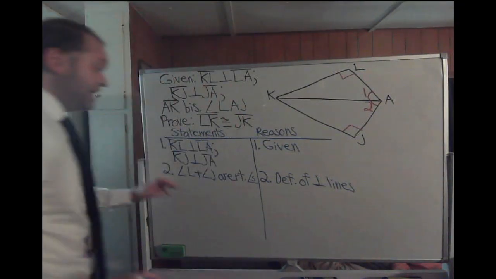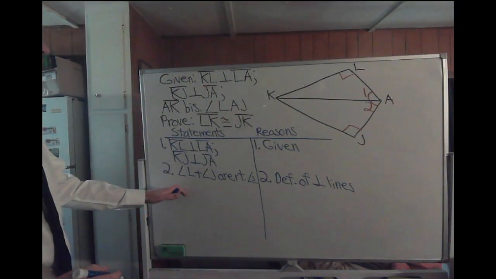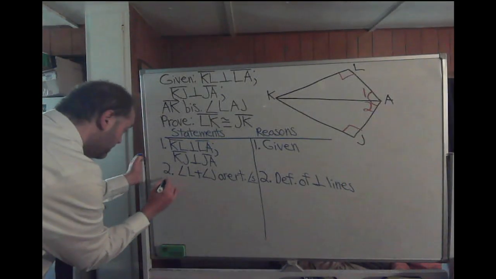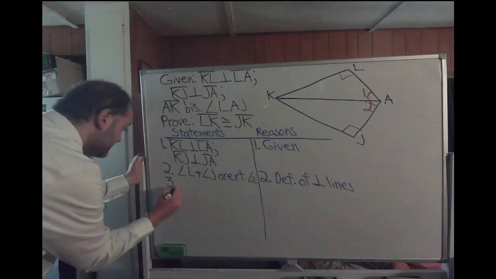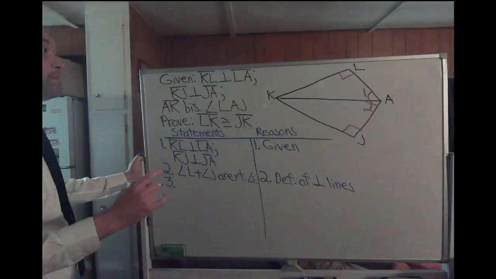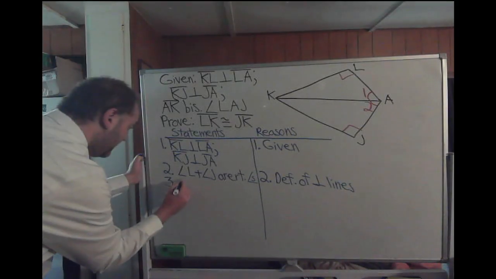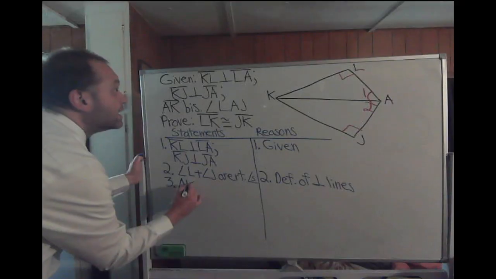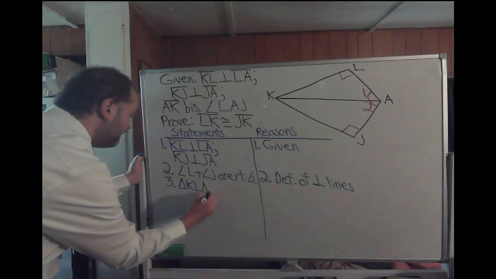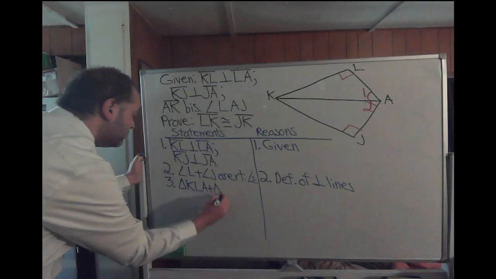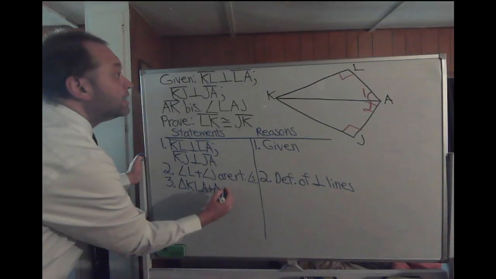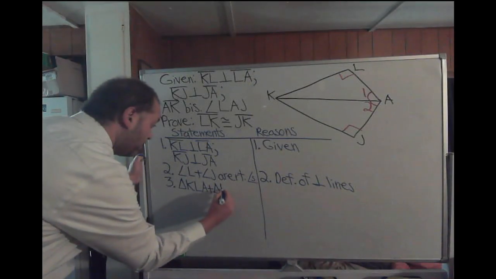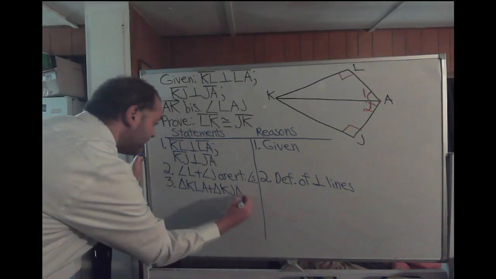So now we've established right angles. From there, we can establish that triangle KLA and triangle KJA are right triangles.